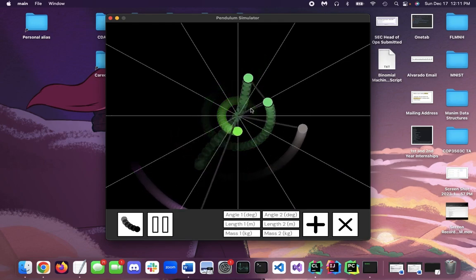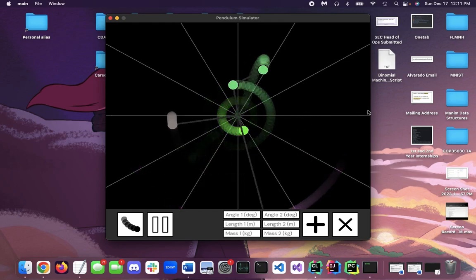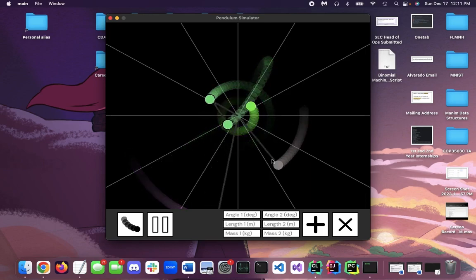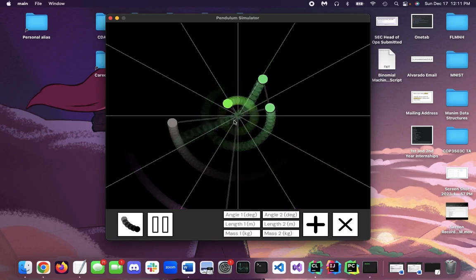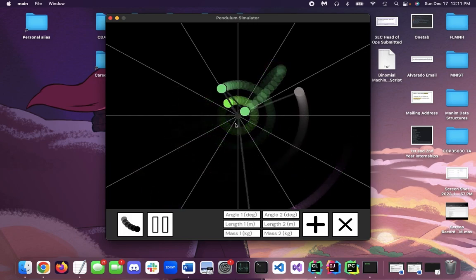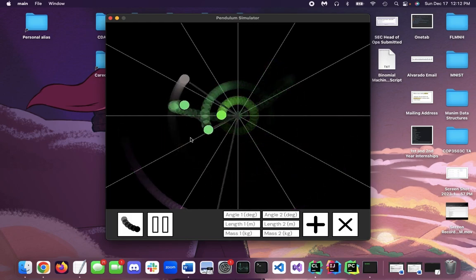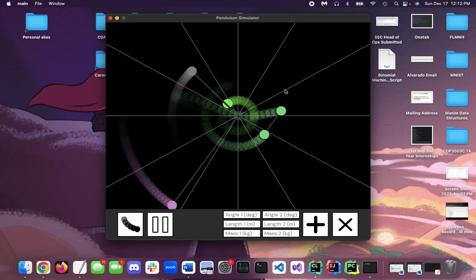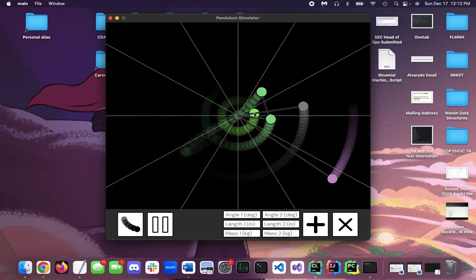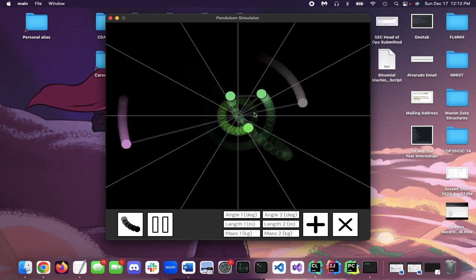It started from just a normal angle. It shouldn't be swinging completely around, but it is. And if you watch the outside, these longer single pendulums start swinging higher and higher, and eventually they'll start swinging like this inner single pendulum, just completely in a circle as well. Because the energy is building up, which is completely inaccurate. It breaks the laws of physics, so it's a really inaccurate simulation.